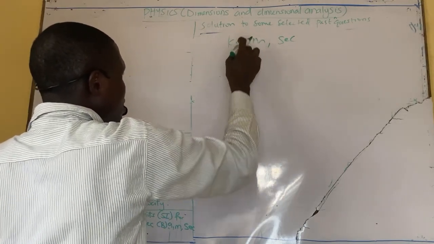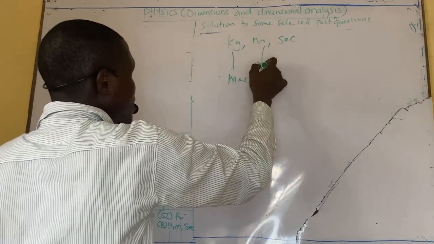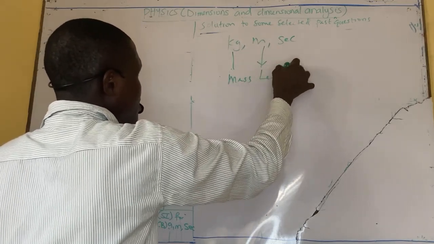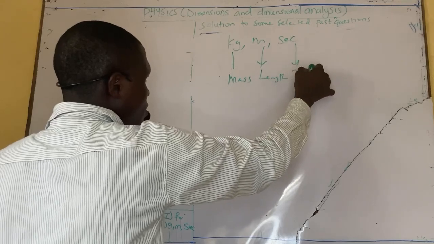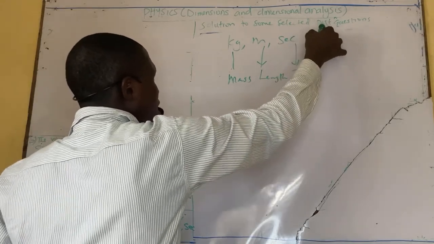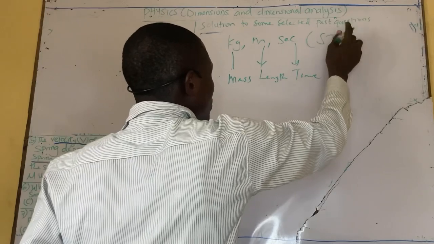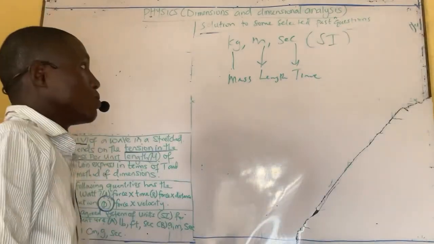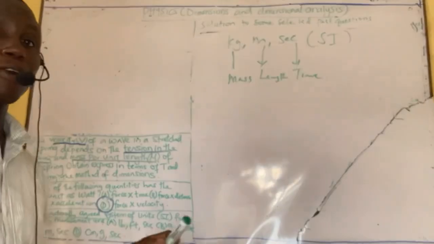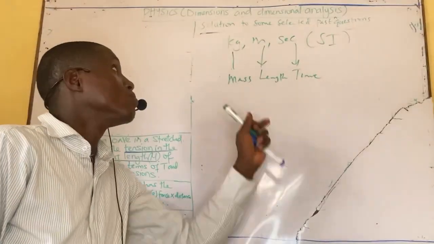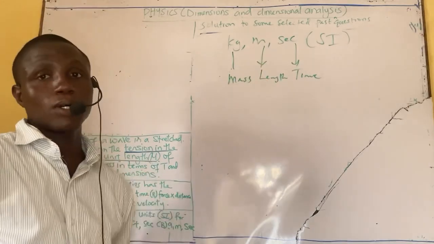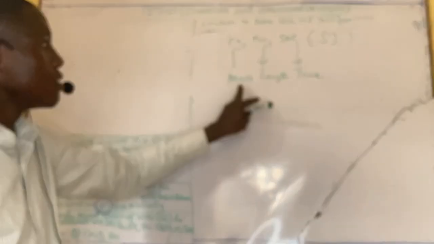The SI unit kilogram is for mass, meter is for length, and seconds is for time. So this is the international system of measurement, the only one acceptable globally in physics. These are the fundamental units. They are called fundamental units because they belong to fundamental quantities.